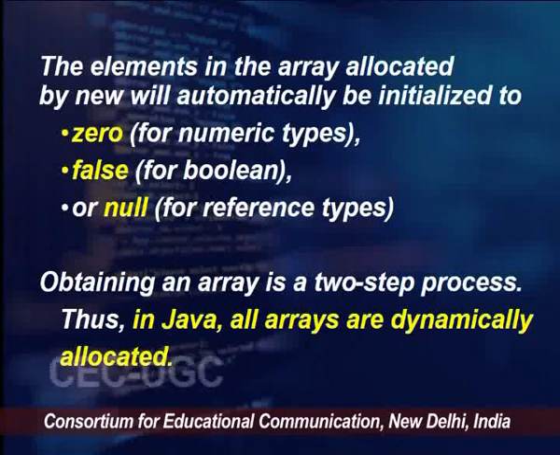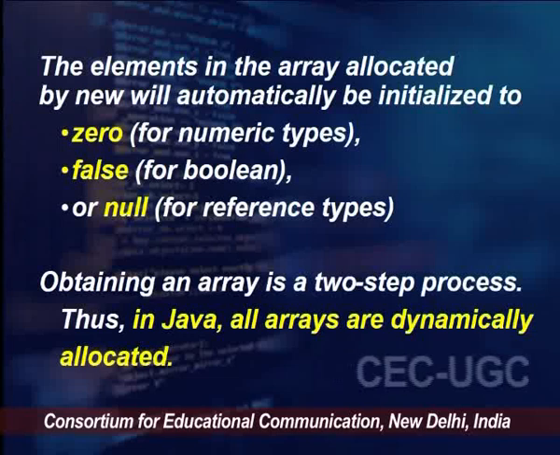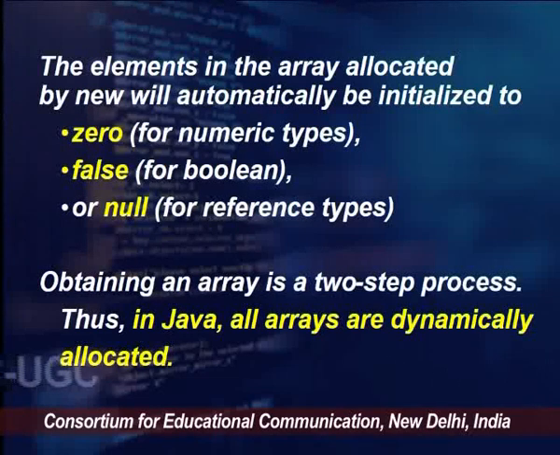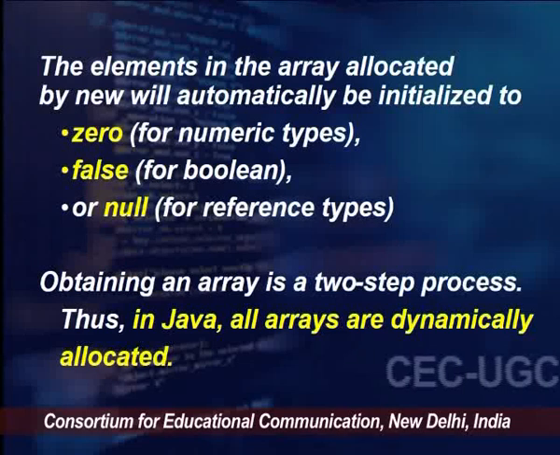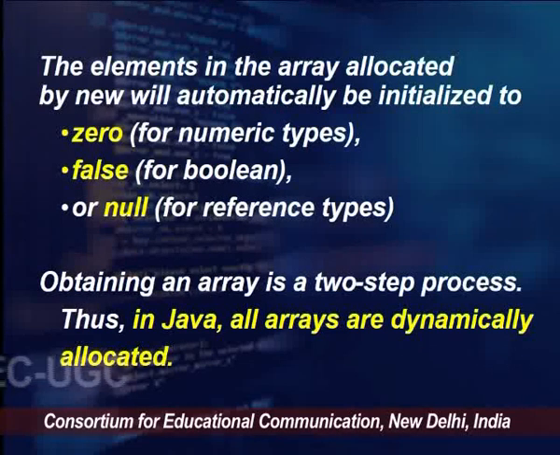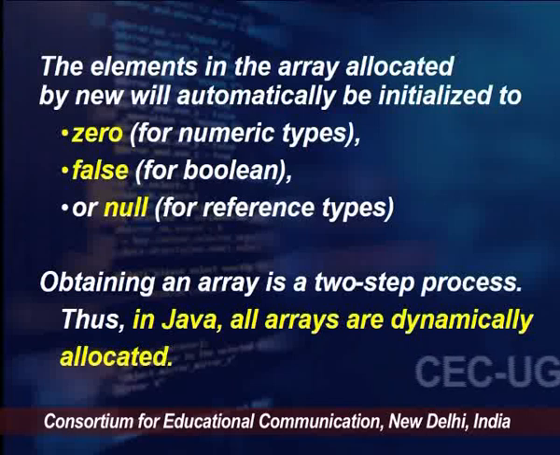If it is a numeric data type, the value stored initially inside the array will be 0. If it is a boolean type array, then the default value will be false. And if it is a reference type array, which we will be seeing in our upcoming lectures, null is stored in it.